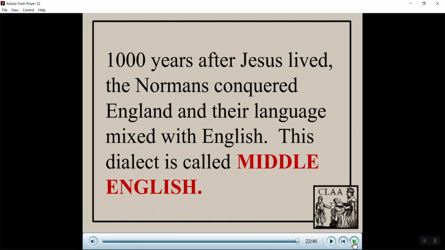1,000 years after Jesus lived, the Normans conquered England, and their language mixed with English. This dialect is called Middle English.